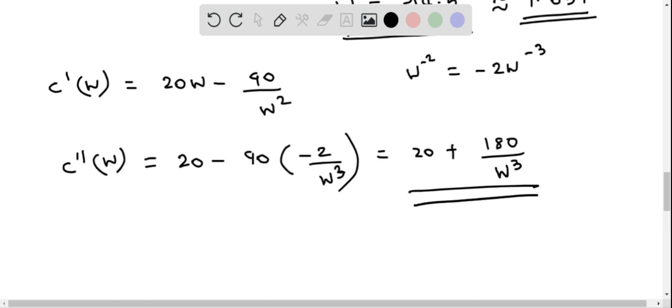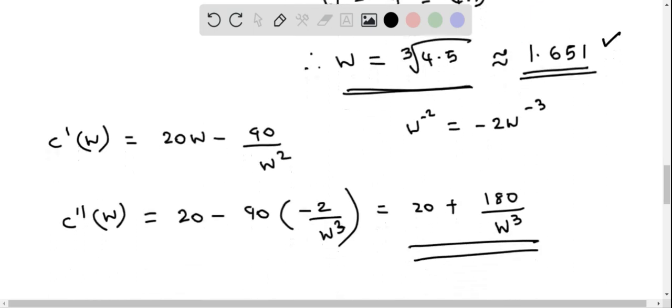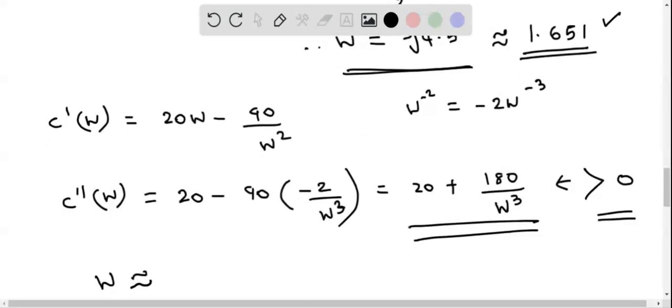Notice that this is going to give you a positive value irrespective of the value of W. As W is positive, if you plug this value of W into this second derivative, it is always going to be greater than 0, which means when W is approximately 1.651, the cost is minimum.